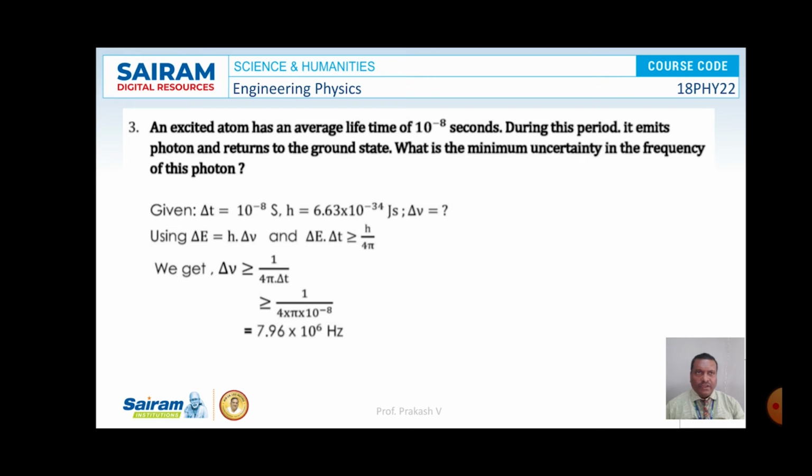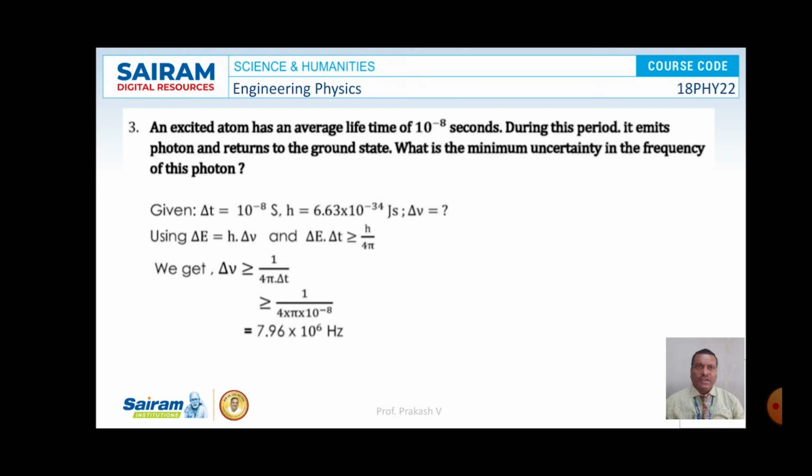So what is delta mu? That is, what is the uncertainty in the frequency of the photon? We know that delta E is equal to h into delta mu, and according to the Heisenberg uncertainty principle, delta E into delta T is greater than or equal to h by 4 pi.